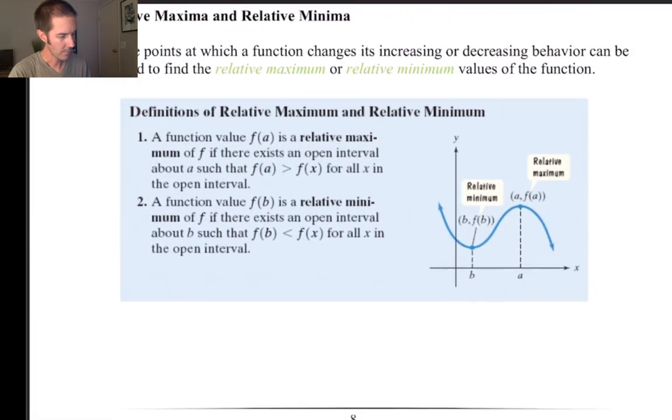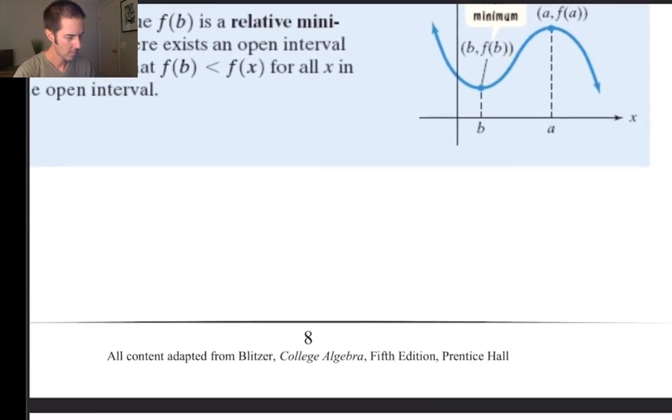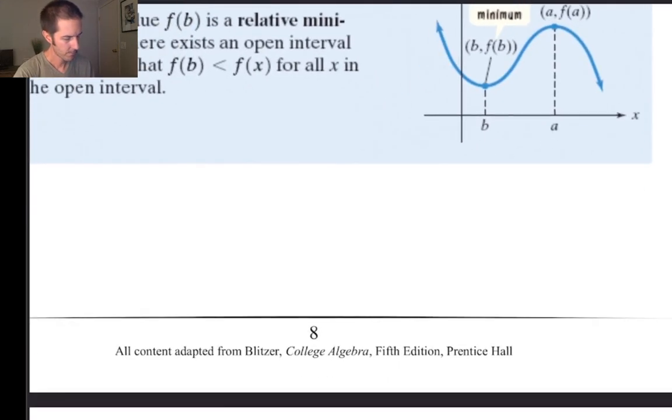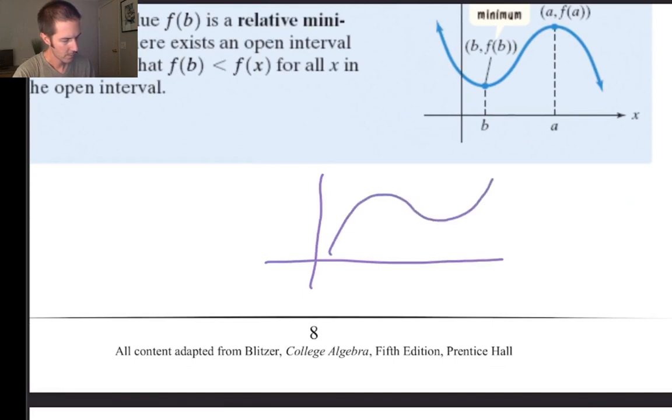One other thing, sorry, let me mention. If the y coordinate at this point that I've drawn right here is 4, and the x coordinate at that point is 3, and this function is called g, and I said, does function g have a relative max or relative maximum?